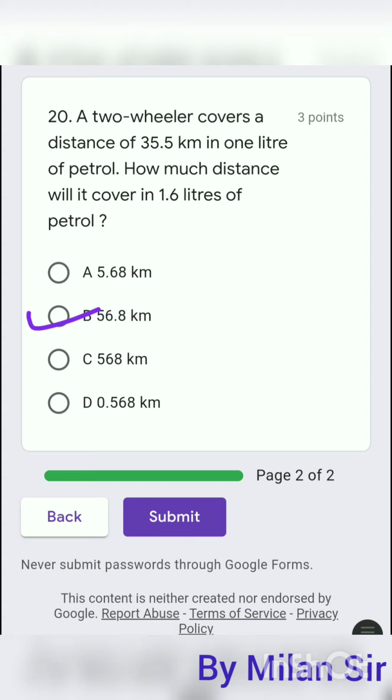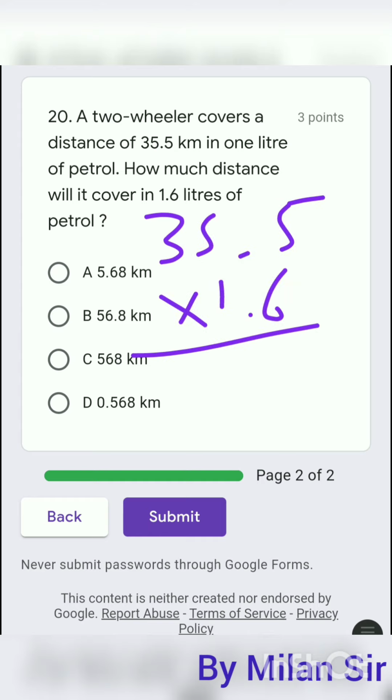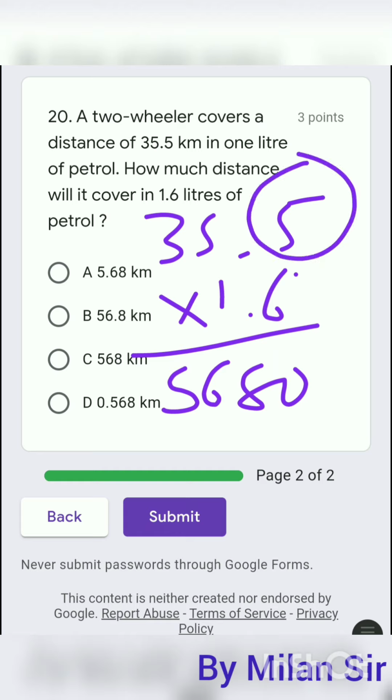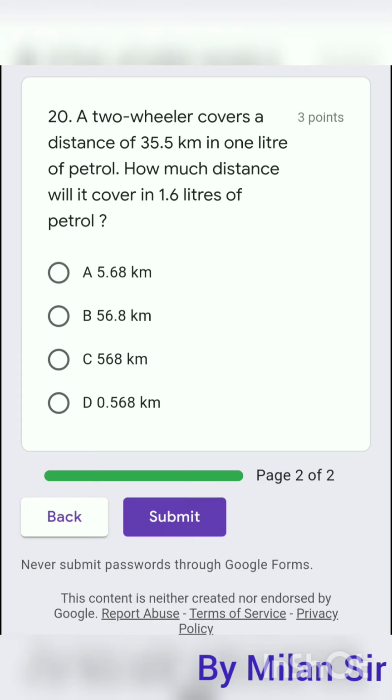So finally we need to multiply 35.5 into 1.6. Ignore the decimal point and find the answer of this multiplication, so you will get 5680. After the decimal point one digit, here one digit, so total two digits we have. So before these two digits we need to put the decimal point. So 56.8 kilometers. This is our final answer.